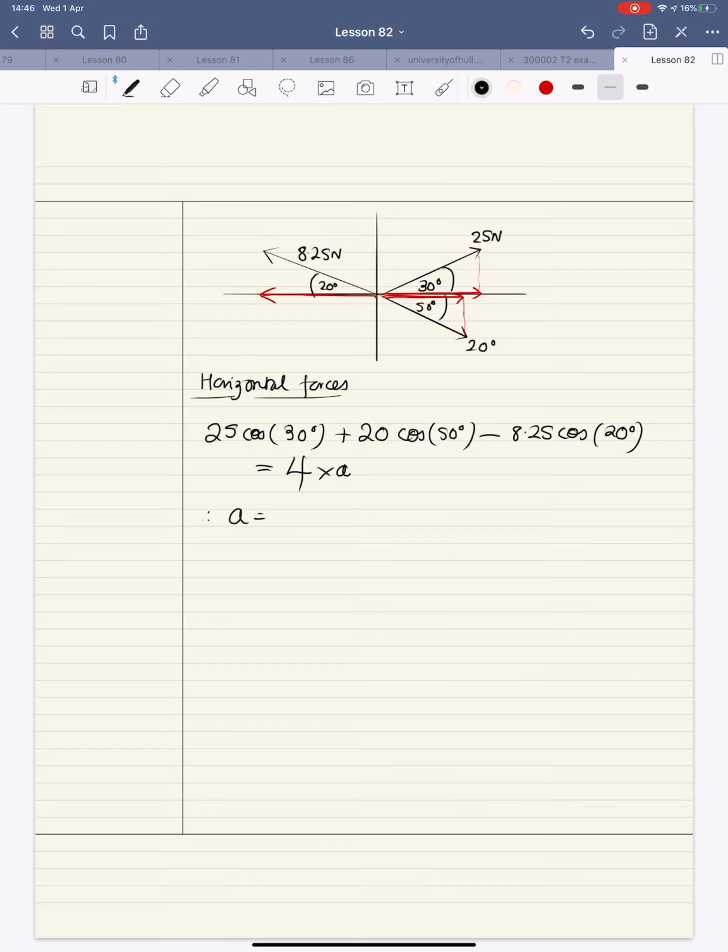So acceleration is 25 cos 30 degrees plus 20 cos 50 degrees minus 8.25 cos 20 degrees, all divided by 4. Okay, and that acceleration equals 6.69 metres per second squared. So all that goes in your calculator.